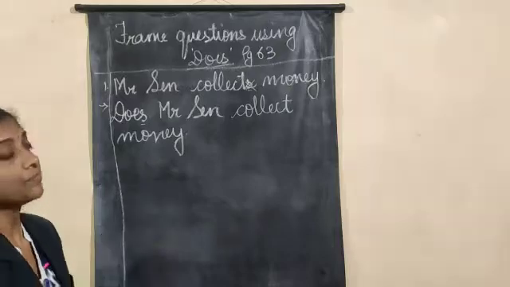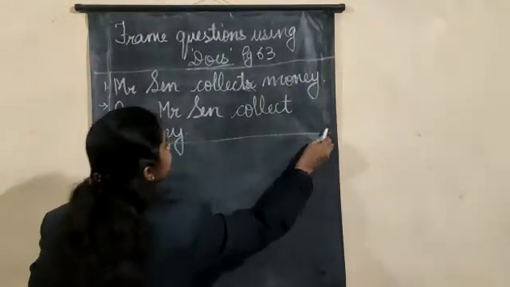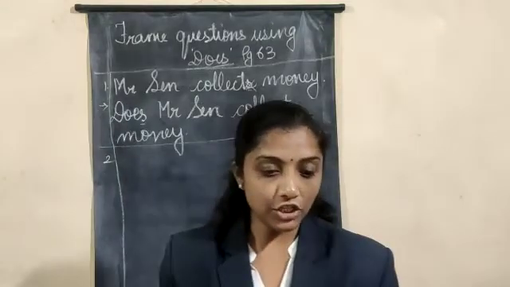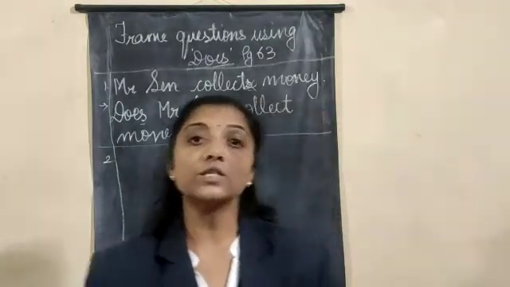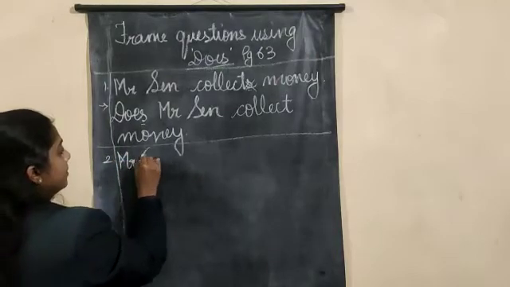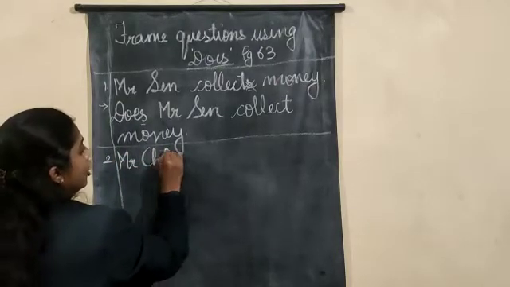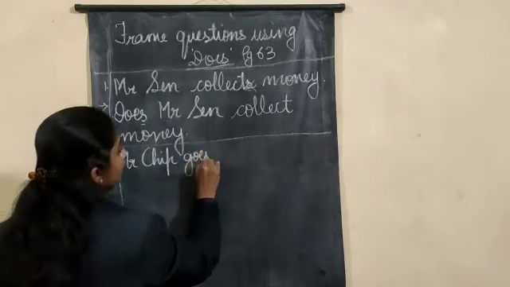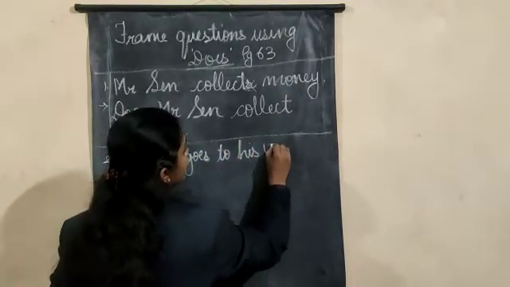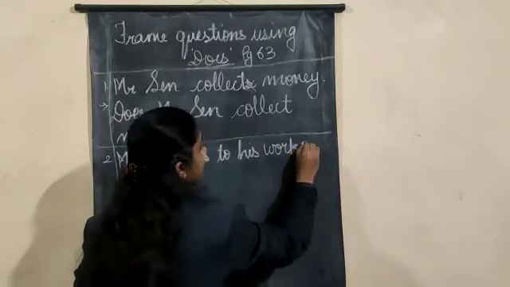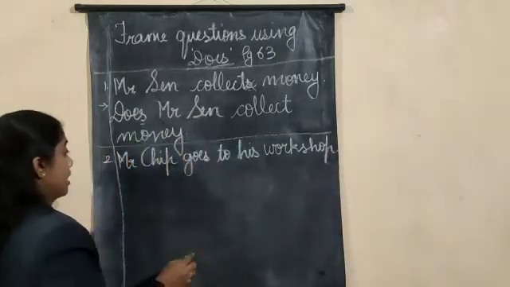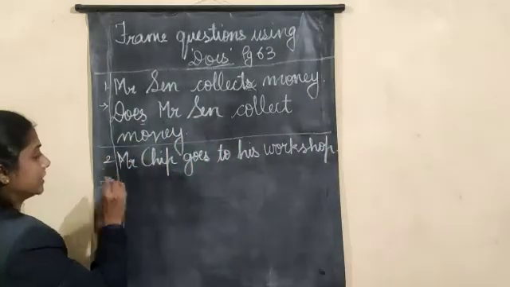Is it clear? Okay. Now the next sentence from your textbook is Mr. Chip goes to his workshop. Okay, this is a sentence. Now we have to frame the question for this.